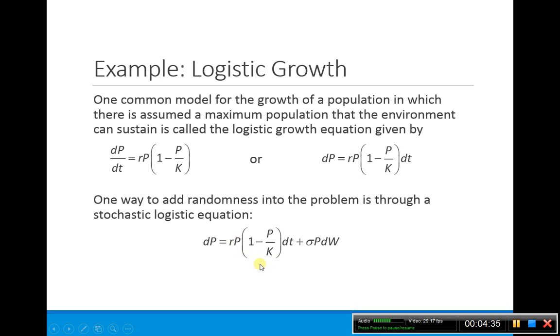Think about this as the expected value, what you expect to have happen on average. But because things don't always happen in a very nice fashion, you can add this stochastic term, sigma p dW, and again the W stands for the Wiener process or Brownian motion.